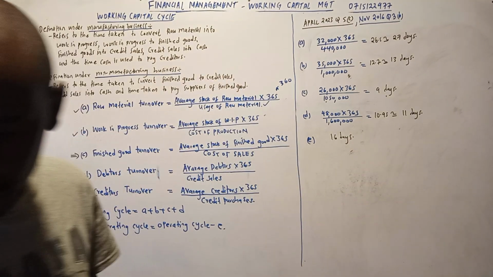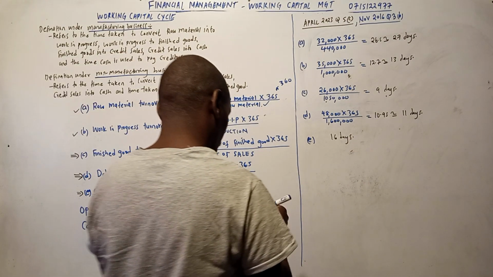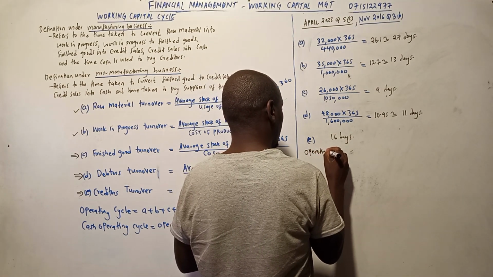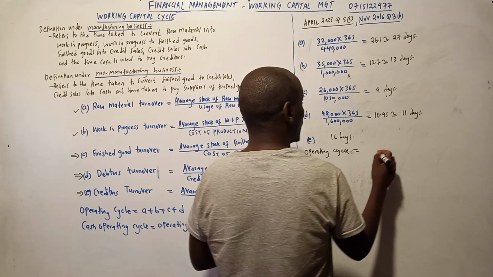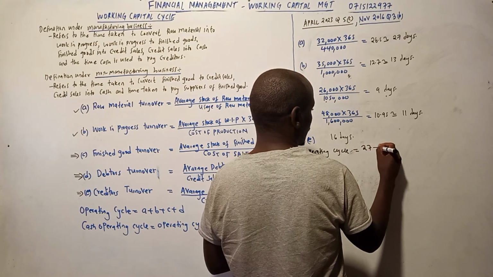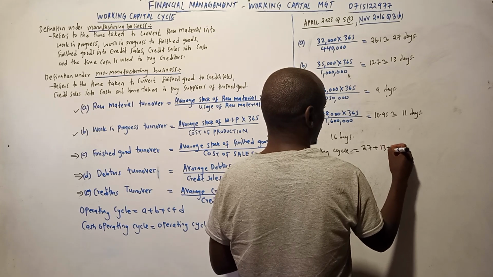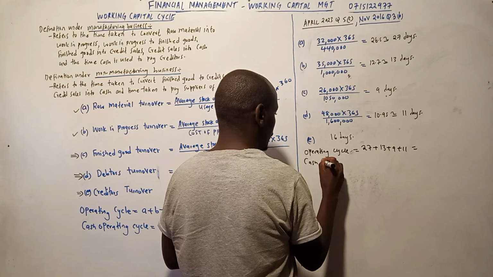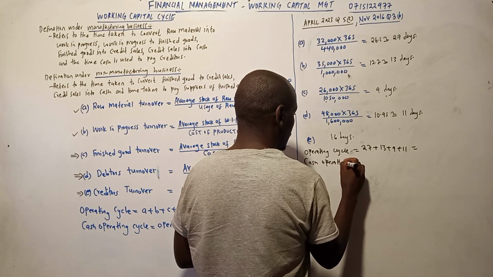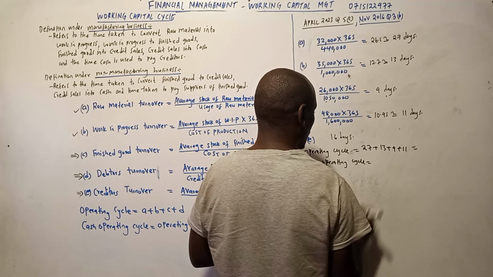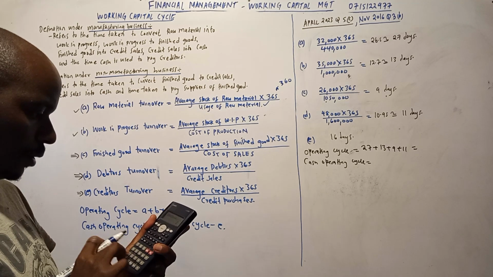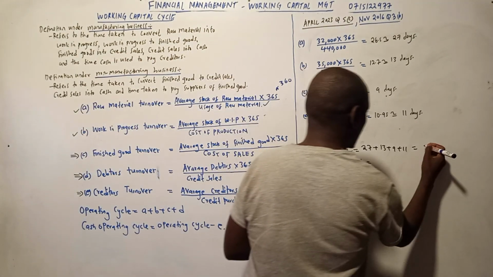Let me confirm. Yes. Now let's find the operating cycle. It will be 27 plus 13 plus 9 plus 11, which is 60.